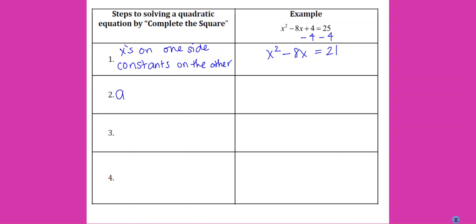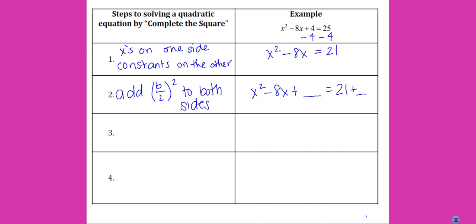Then, to complete the square, we're going to add b over 2 squared to both sides. In this case, b is negative 8, over 2 squared would be 16.